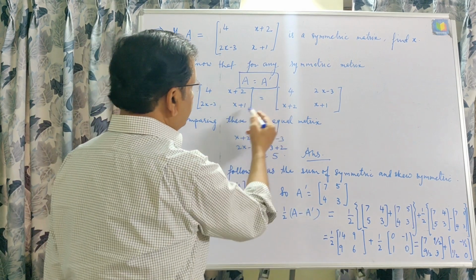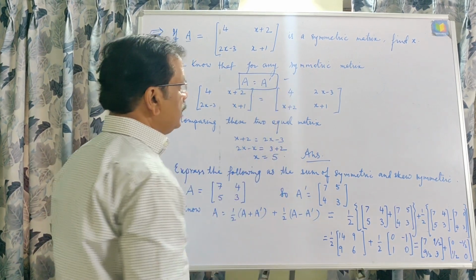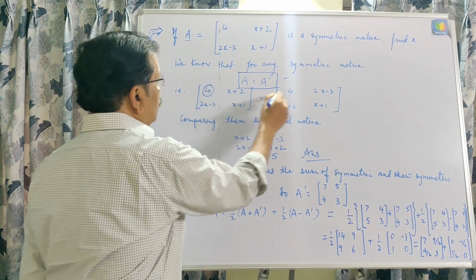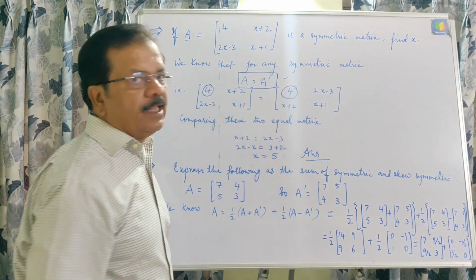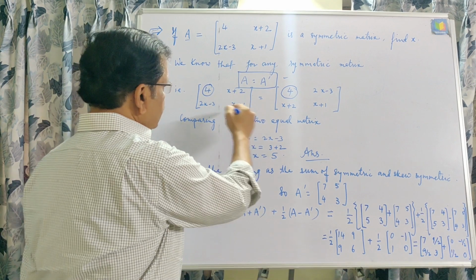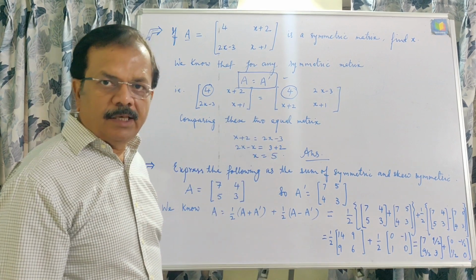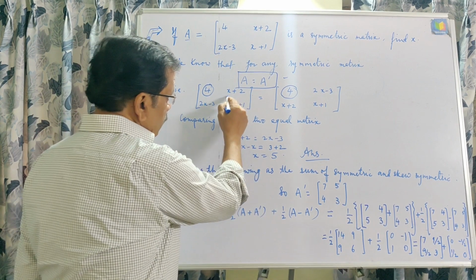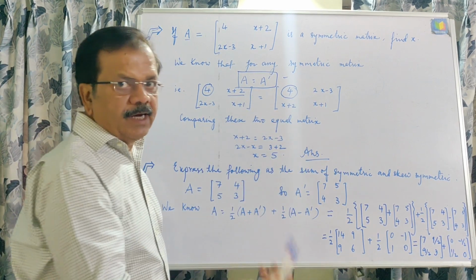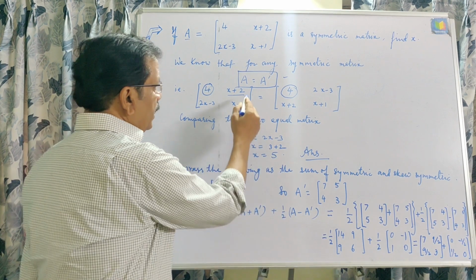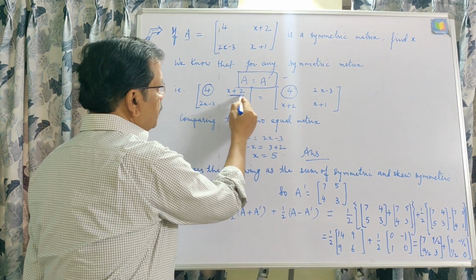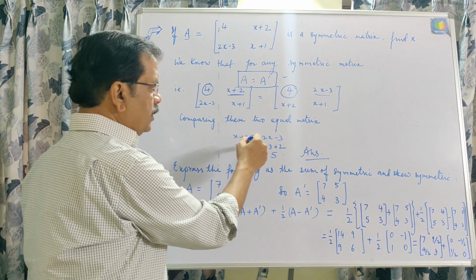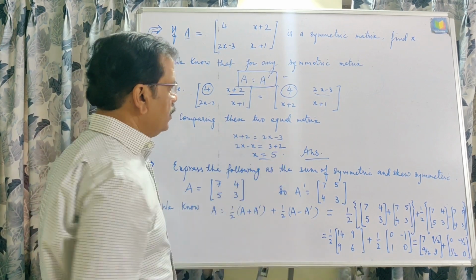Now following this condition A is equal to A dash, corresponding elements should be equal, so we can calculate by comparing any one of these two equal matrices. x plus 2 is equal to 2x minus 3, so transposing, we are getting x is equal to 5.